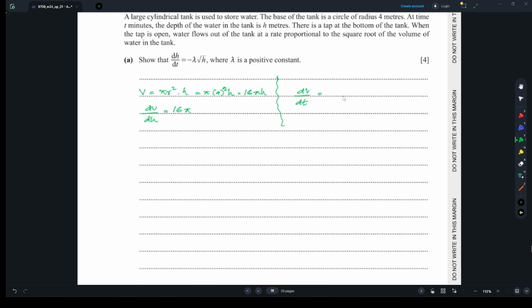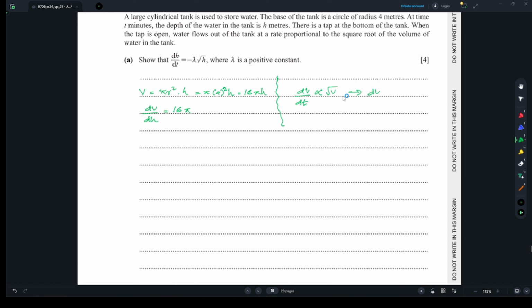So the rate of the volume decrease we can take as this, and we will use a minus k constant, because with time the volume decreases, and they say that it is proportional to the square root of the volume of the tank.